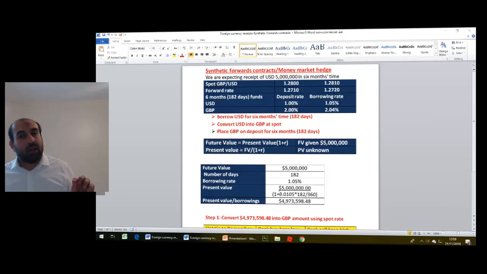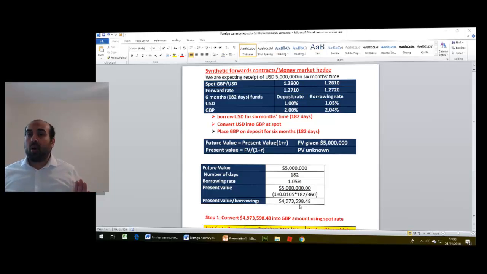Present value is equal to 5 million US dollar divided by 1 plus 0.0105 multiplied by 182 divided by 360. We will get the present value of 4,973,598.48 dollars.